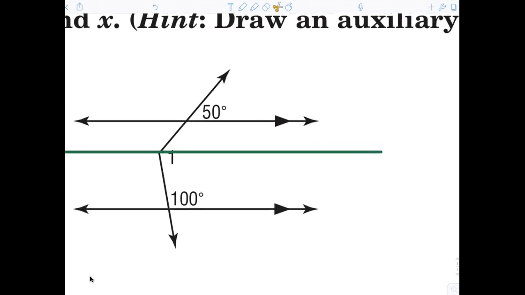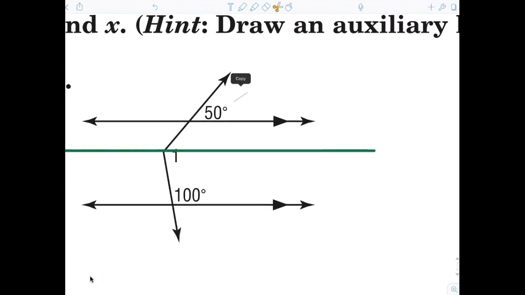So, if this angle right here is 50 degrees, then this angle right here has to be what? 50 degrees. Right? And if this is 100 degrees, that would force this to be what? 80 degrees, right? So then angle 1 would just be what? 130 degrees.